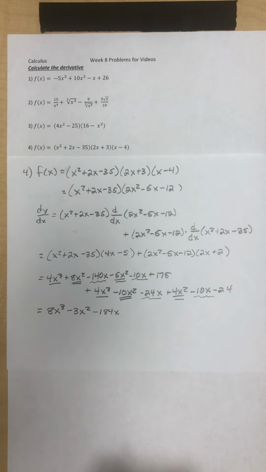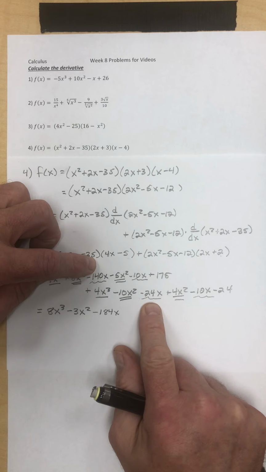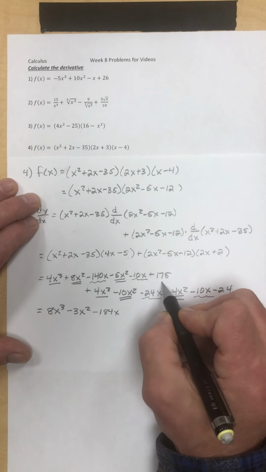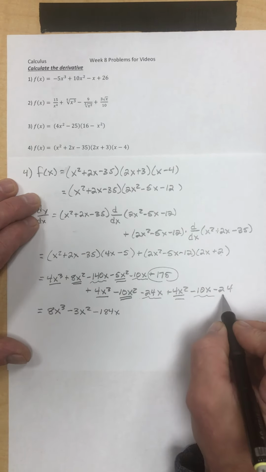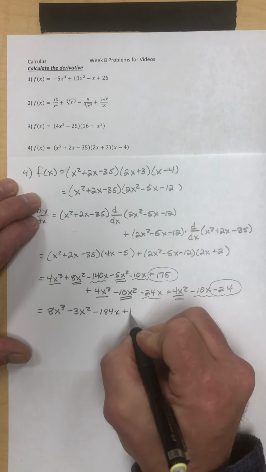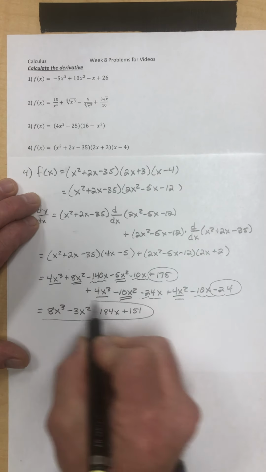Let's make sure we got that. This gives me negative 150, negative 174, negative 184. Yeah, we're good. And then lastly, I've got the 175 minus 24, so that's going to be plus 151. I got my answer.